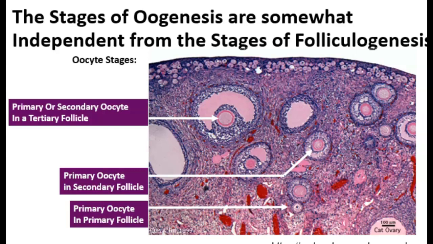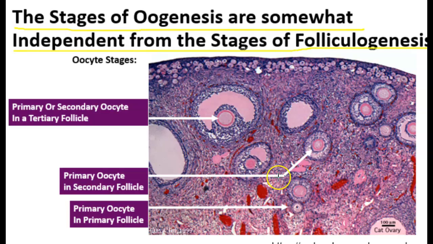This is when we talk about the development of the oocyte. And it turns out that the stages of oogenesis are somewhat independent from the stages of folliculogenesis, at least in terms of stage numbers like primary, secondary, tertiary.